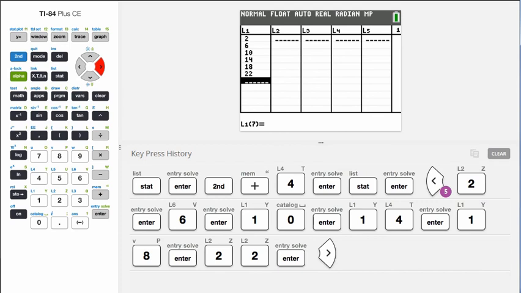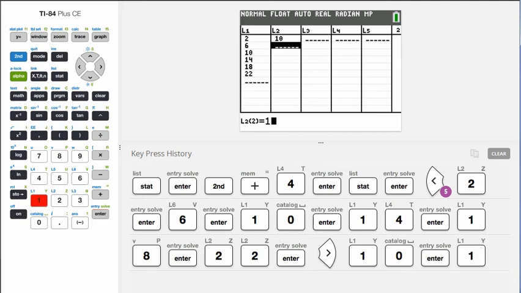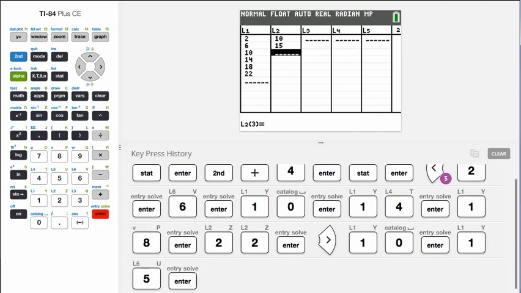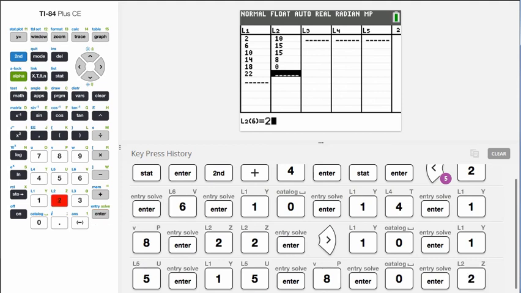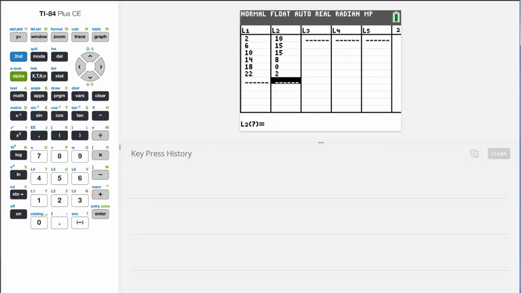Then I'm going to arrow over to L2 and type in my frequency. 10, 15, 15 again, 8, 0, and 2.